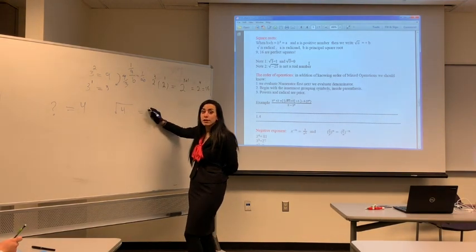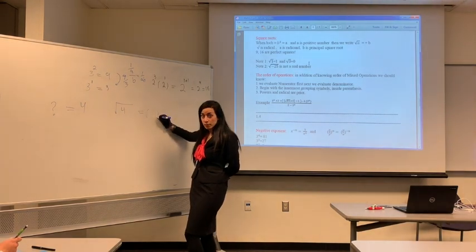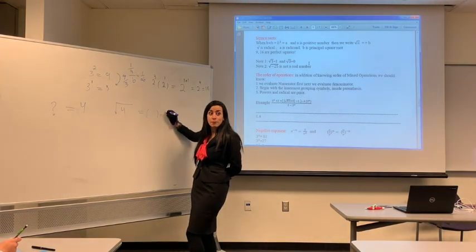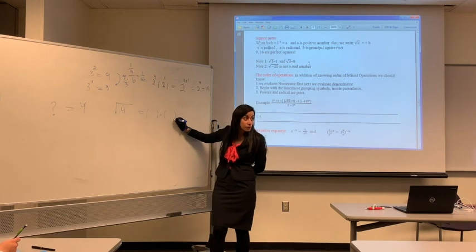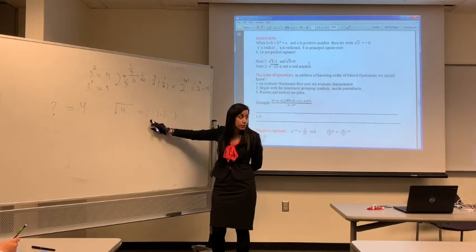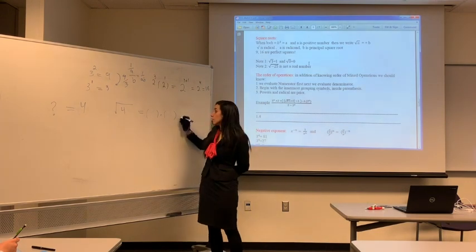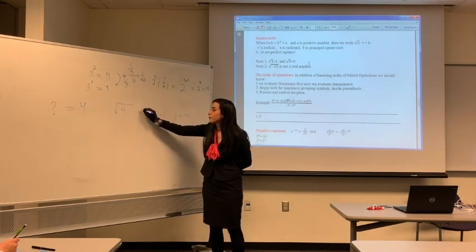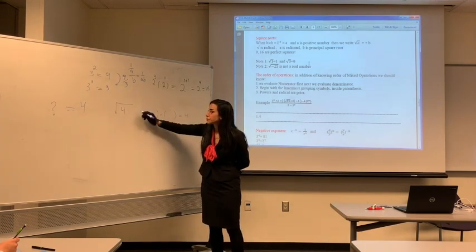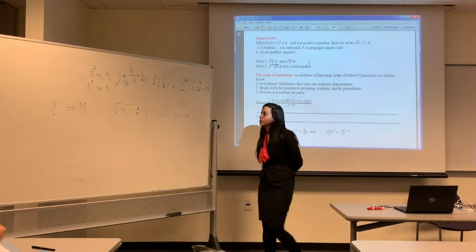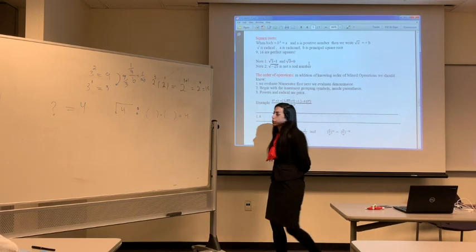Radical 4 says there was a number multiplied to itself that gave us 4. So here put 2 dot like this. So that's just explanation.